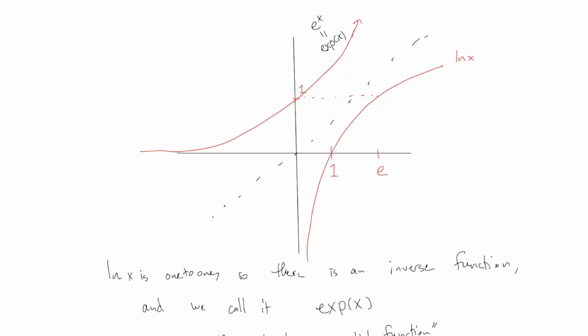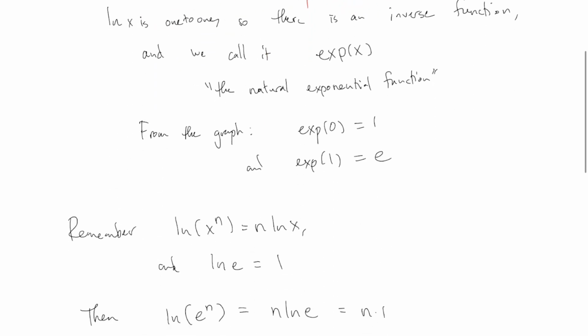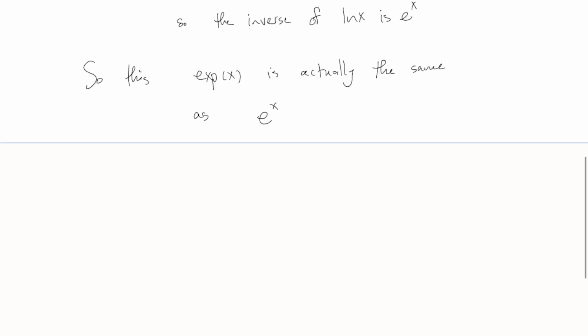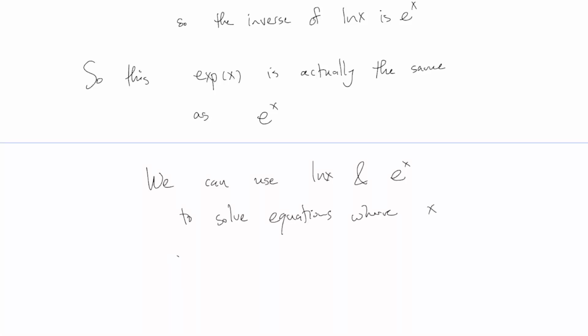All right? Okay, great. One thing that's important about this is that we can use ln x and e to the x to solve equations where x appears inside an exponent or inside of a natural log.